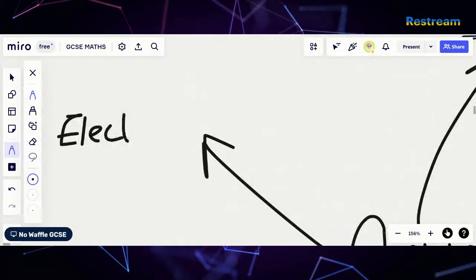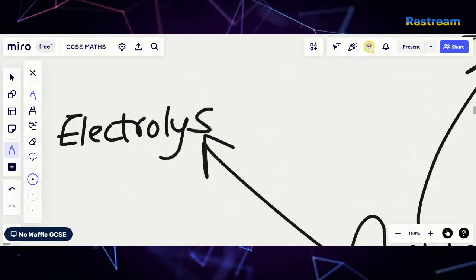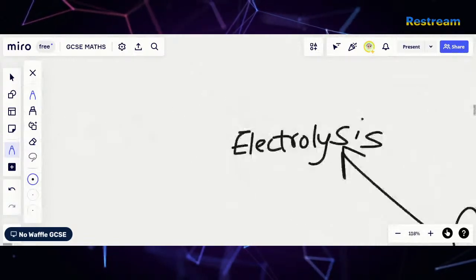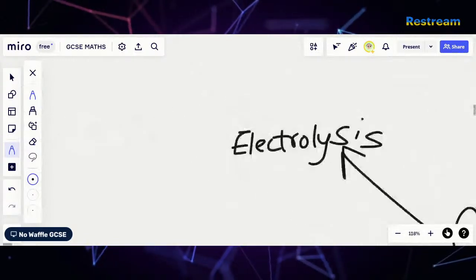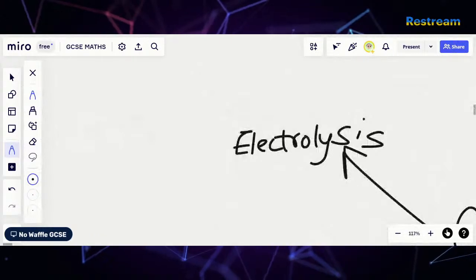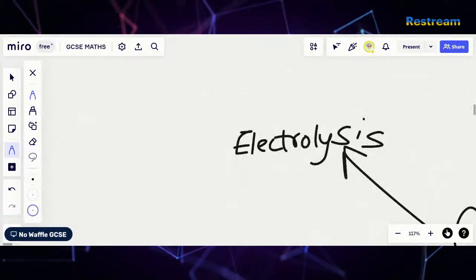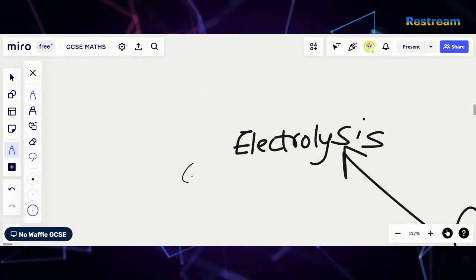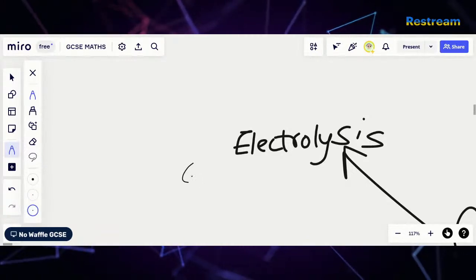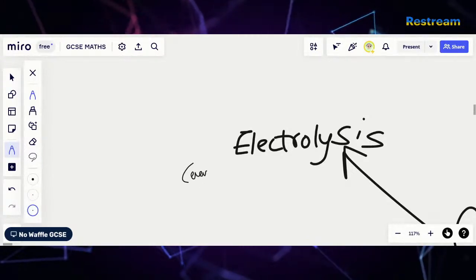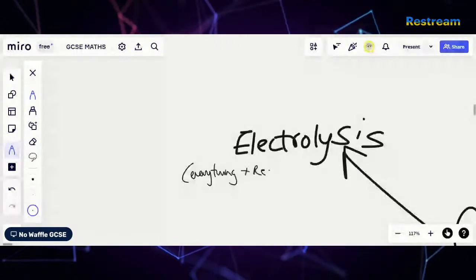Electrolysis is used for everything that sits above carbon in the reactivity series, because it cannot be reduced by carbon.